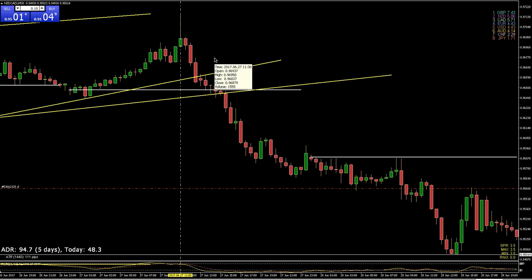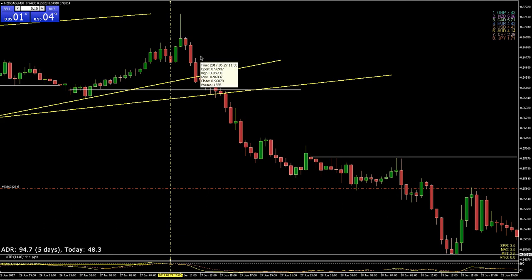Now, you can also maybe use that as a verification if you feel that might be your best entry because you like the pin bar, you like the divergence.